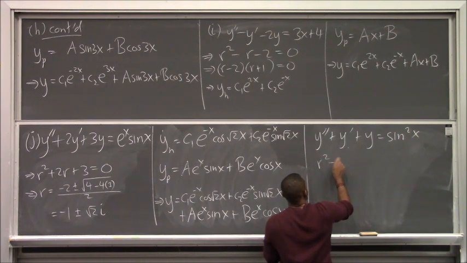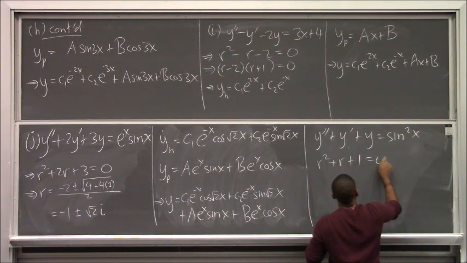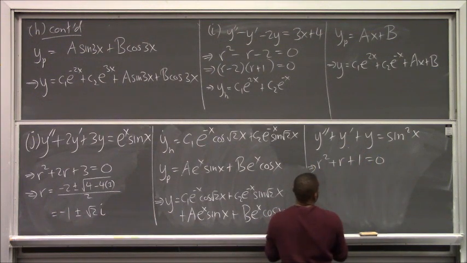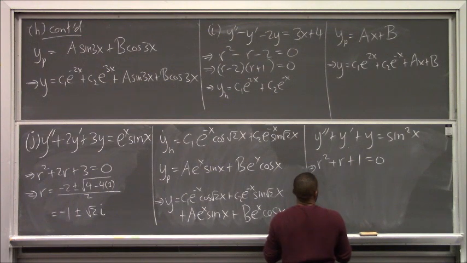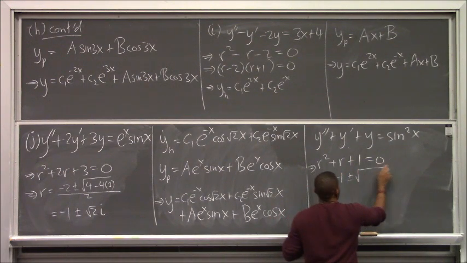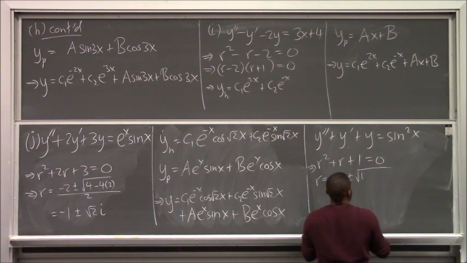So r squared plus r plus 1 equals 0. What does that become? Quadratic formula. Minus b plus or minus the square root of b squared minus 4ac, all over 2a.